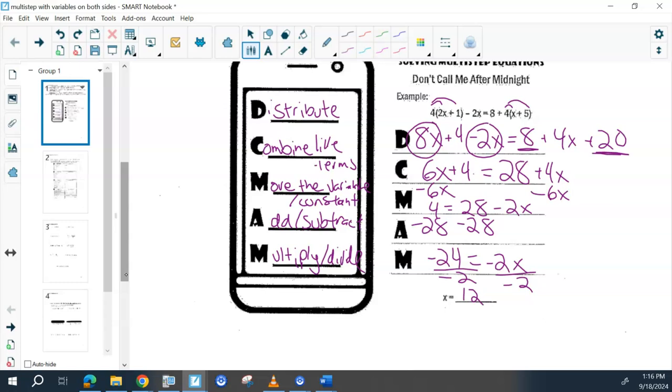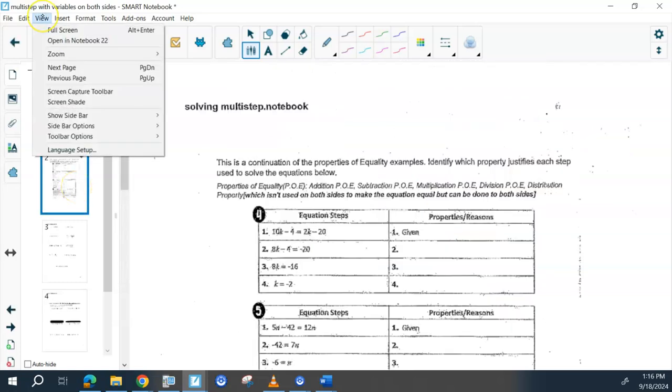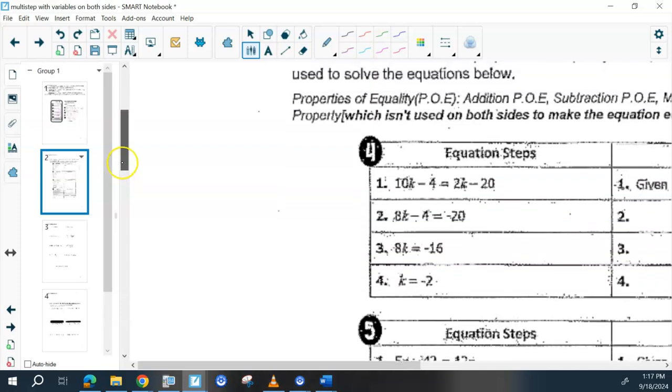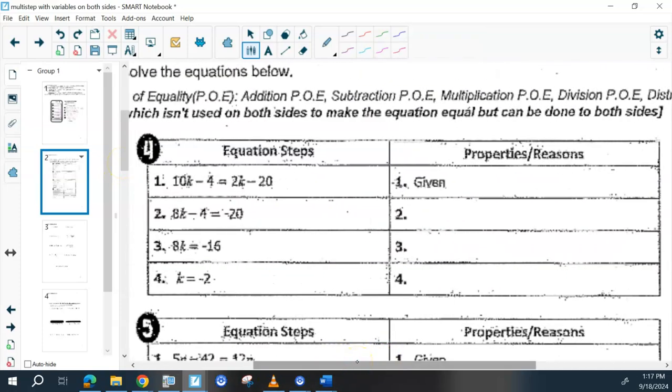So we're going to revisit just practicing some properties, noticing what's happening before we actually get into the solving piece. So same properties as before. Mine's a little blurry, so you may want to look at yours because it should be a little clearer.